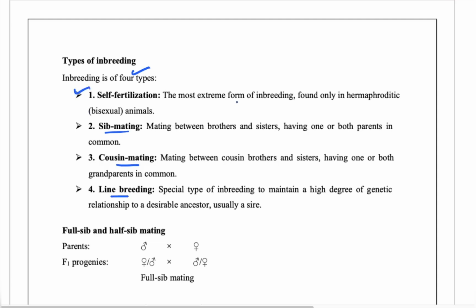This is the most extreme form of inbreeding, and it is only found in hermaphroditic animals, basically the bisexual animals which have both male and female gonads in their body. Specifically talking about the breeding patterns, right? So the most extreme one is self fertilization. That means the male and female are the same individual from which you are doing the breeding.